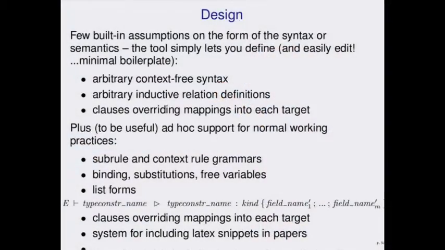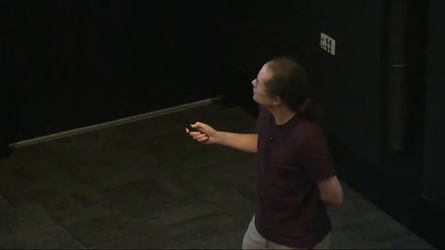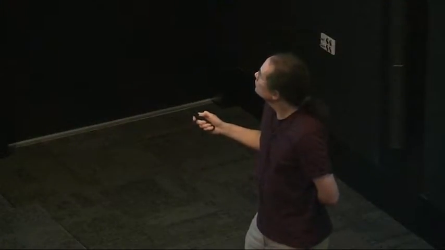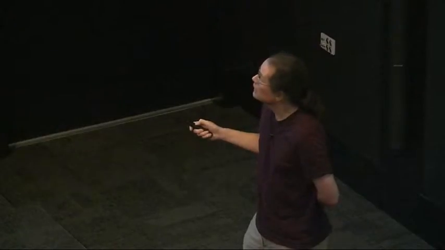So let's just reflect on the design of this thing for a second. So there's not much built in. There's not much assumption on the form of the semantics built into this thing. Right? The tool lets you define some pretty much arbitrary context-free syntax and some pretty much arbitrary inductive relations.